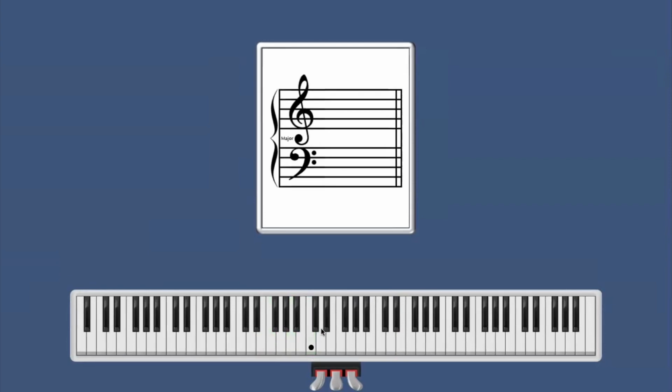All right. C. Good. So C step up and we get D. Good. Closest one is E. That's E right there.